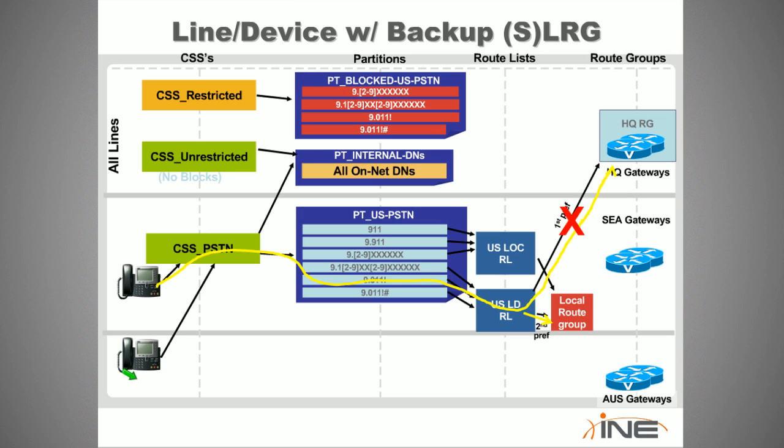But again, this is going to take effect for every site's calling party that traverses through this single set of patterns and route list details. We probably don't want to uniformly impact everyone in the same fashion. We probably want to impact them based on where they come from.